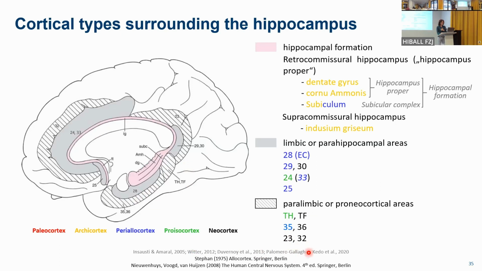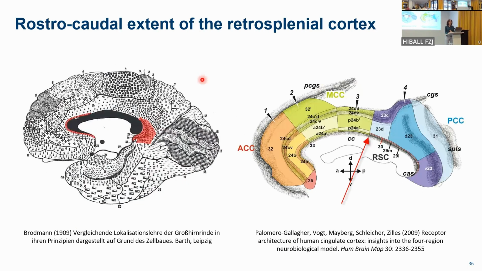And then we've got these areas 36, 23, 32, which are neocortex, but they don't touch the hippocampus. And you might think up here, area 23 does touch the indusium griseum, okay? But we know nowadays that this drawing that Brodmann made, which Nieuwenhuis based his drawing on, is not quite right.